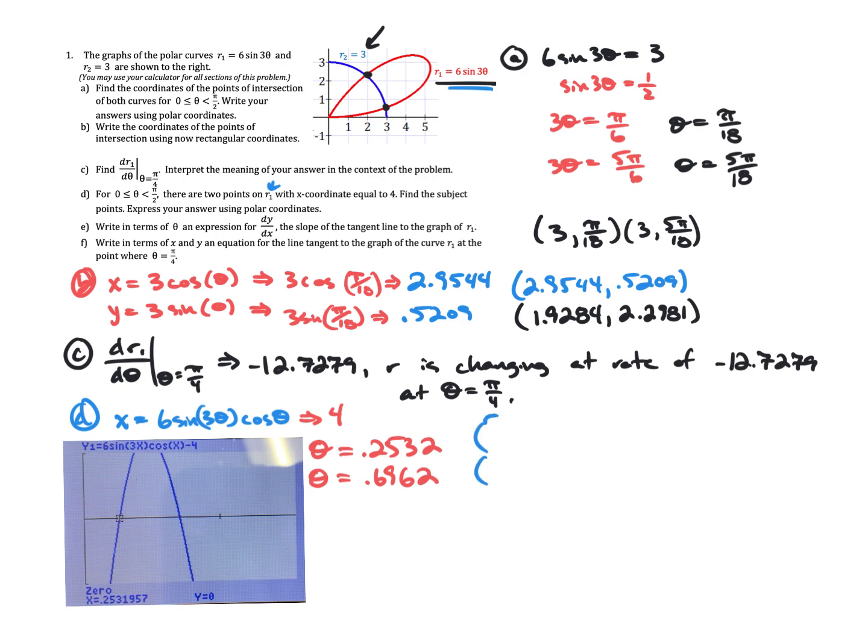When we substitute 0.2532 into r equals 6 sine of 3θ, we end up getting r is 4.1318, and then our θ would be 0.2532. And our other polar pair, if we substitute in 0.6962, we'd end up with 2.135, and then we'd have 0.6962.